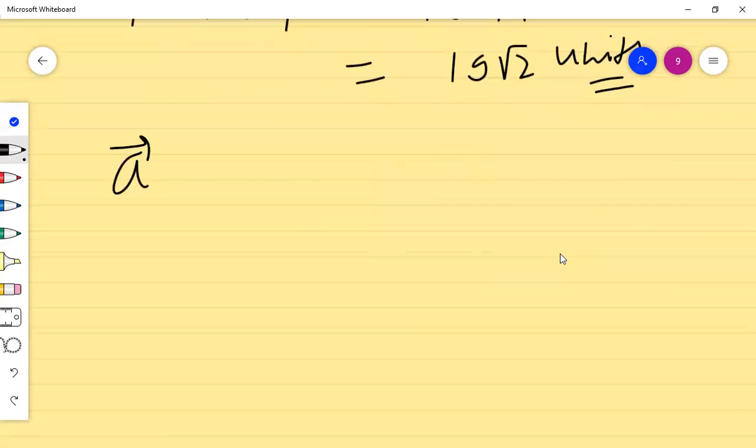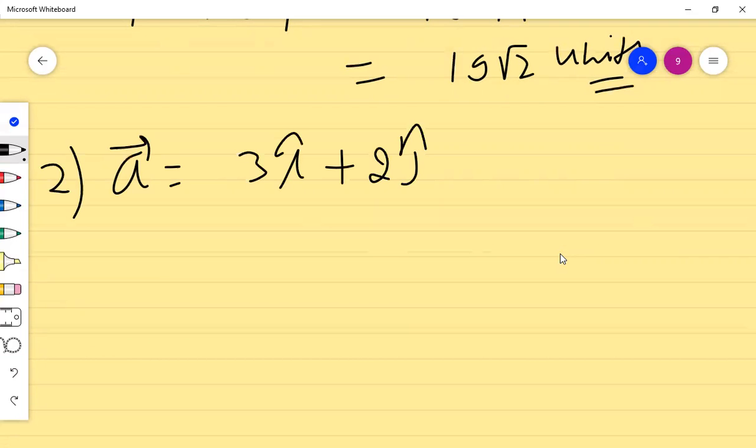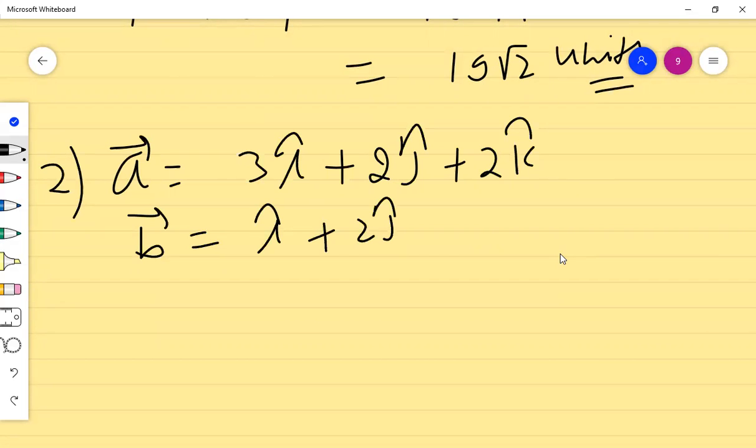Vector A is 3i cap plus 2j cap plus 2k cap. Vector B is i plus 2j cap minus 2k cap.